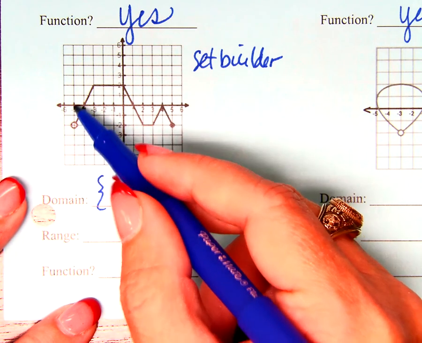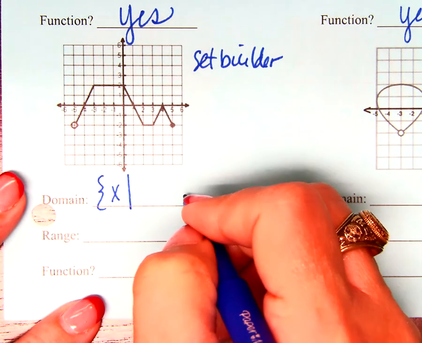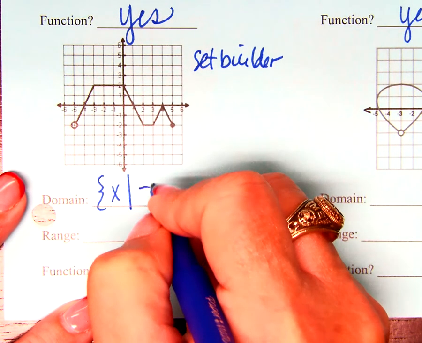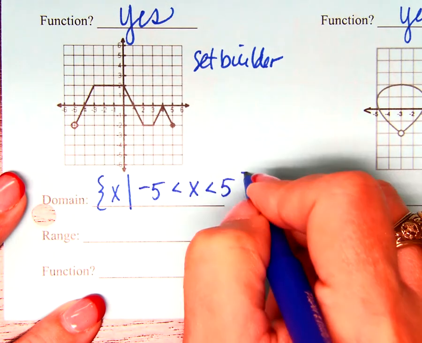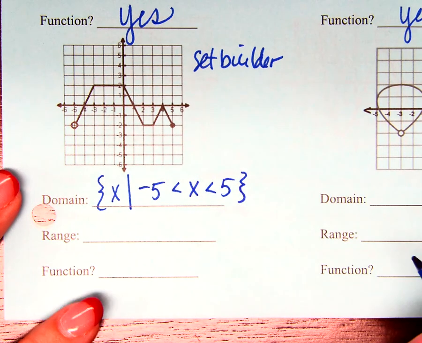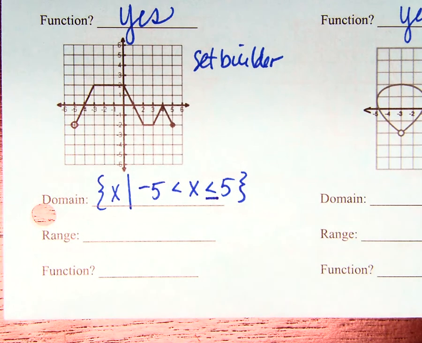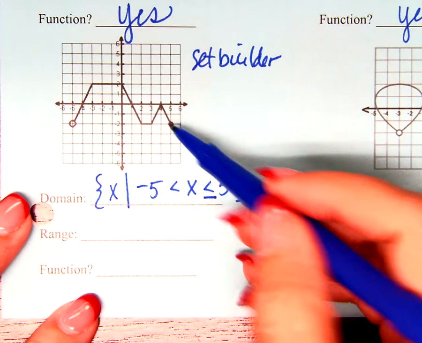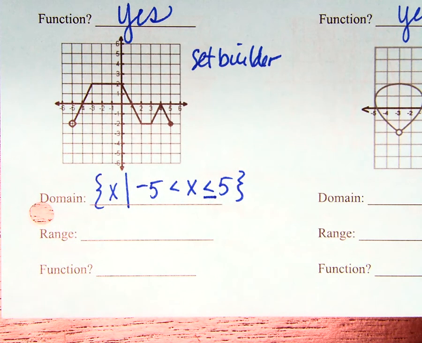It just stops at -5. And how far up does it go? +5, right? So X is between -5 and +5. Which one's included? The +5, so that's a less than or equal to. When we're doing inequality or set builder, if it's included, it's or equal, and if it's not included, it's not or equal. Does that make sense?